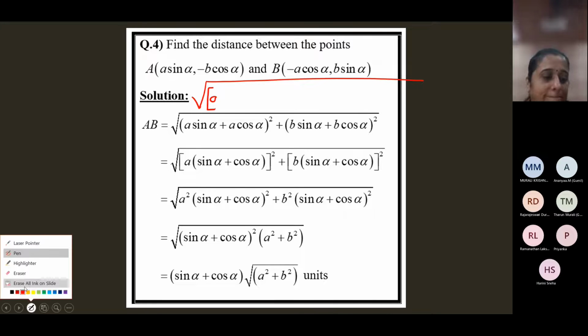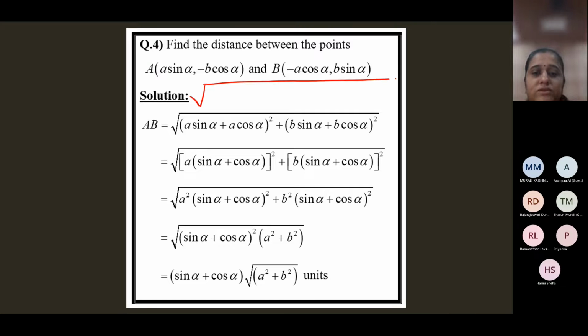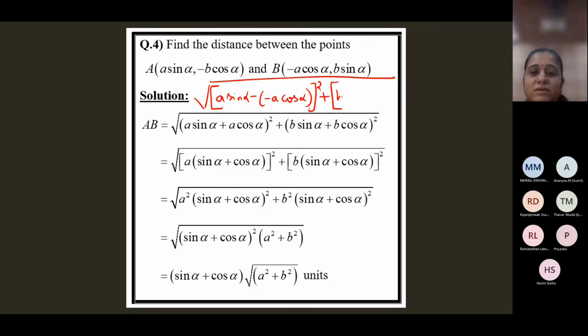This can be your first step. Square bracket, simple bracket. Why am I making so many mistakes? Square bracket a sine alpha minus a cos alpha the whole square plus square bracket b sine alpha minus b cos alpha, close the bracket, like this. This is the first step.